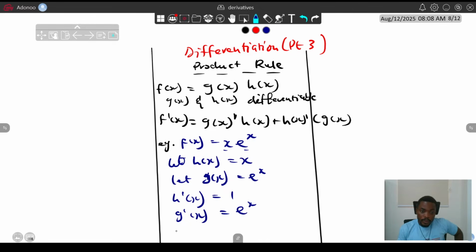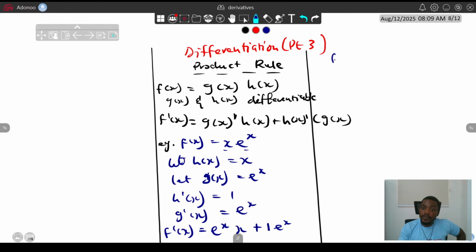Okay, so we have f prime of x equals g prime of x, which is e raised to the power x, times h of x, which is x, plus h prime of x, which is 1, times g of x, which is e raised to the power x.